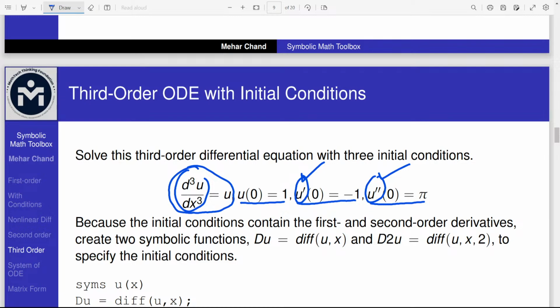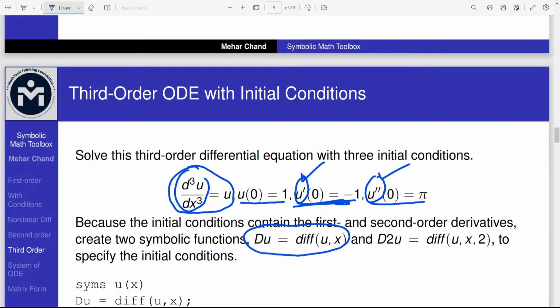In the same way, you can create the first order and second order symbolic functions for the conditions that occur in the form of first and second order derivatives.